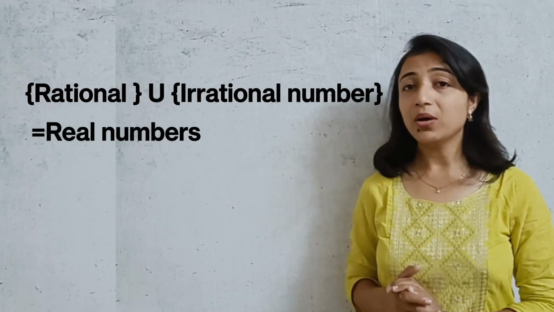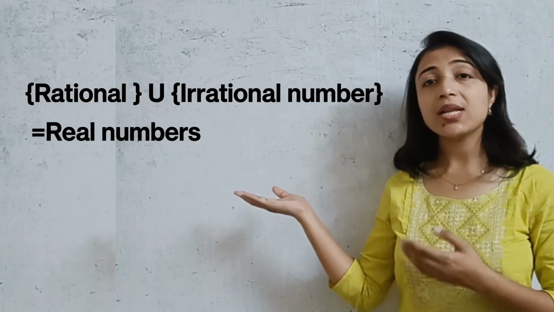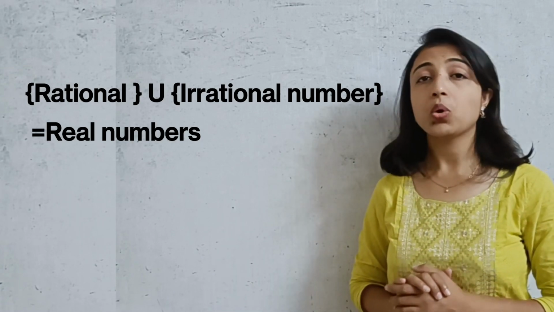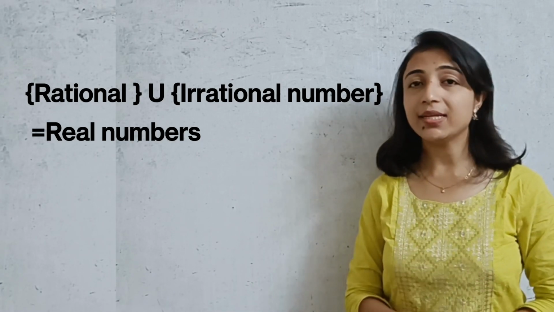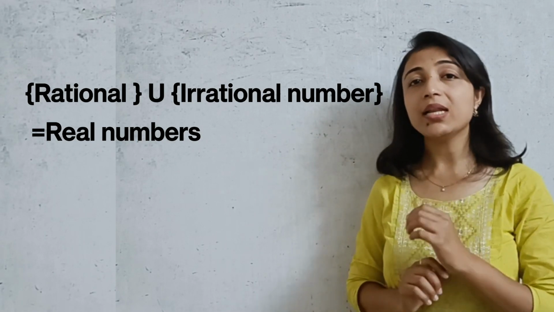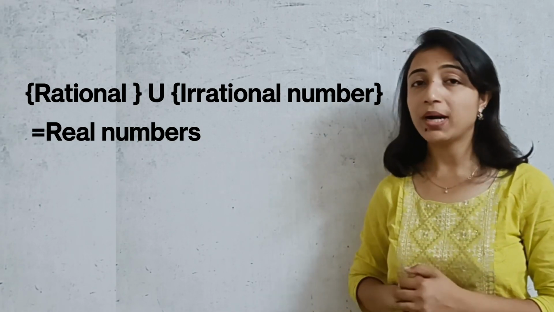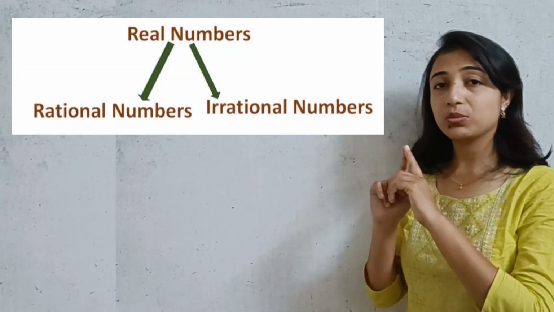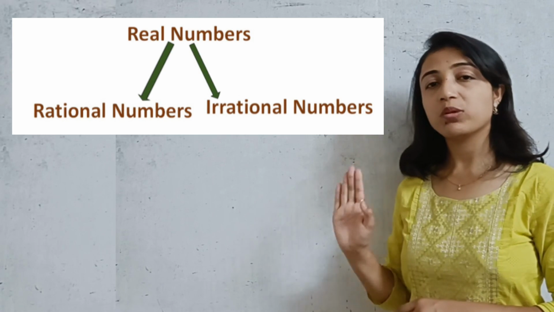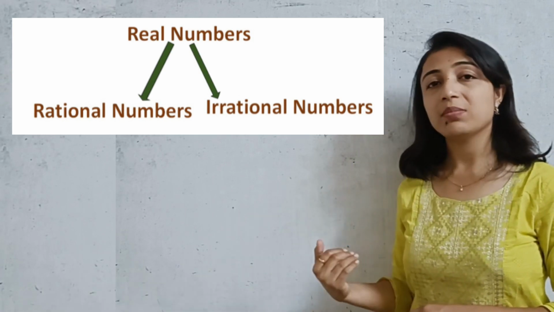Now, if we combine rational and irrational numbers, we get the set of real numbers. So every real number is either rational or irrational. That means real numbers are divided into two distinct sets, where some elements are rational and some are irrational.